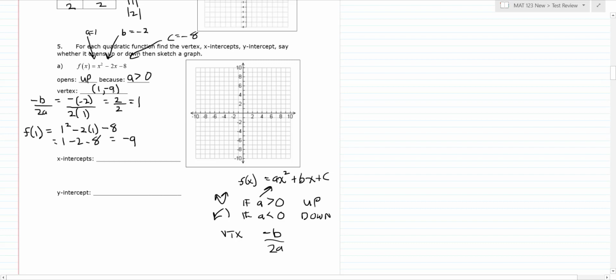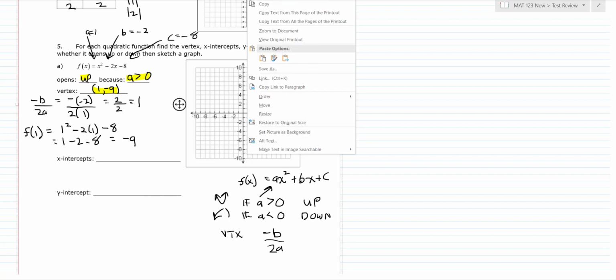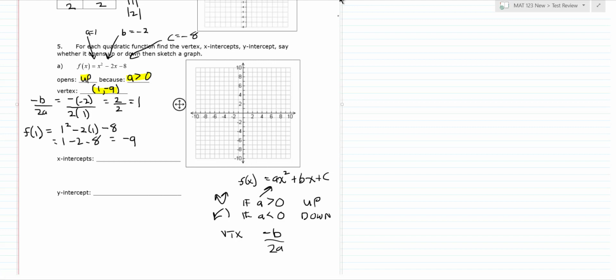So your vertex is (1, negative 9). I'll show you how you can check all this on the graphing calculator in just a minute. So you'd want to go ahead and graph that: go over 1, down 9, and that will locate the vertex for you. Okay, so that's our vertex.